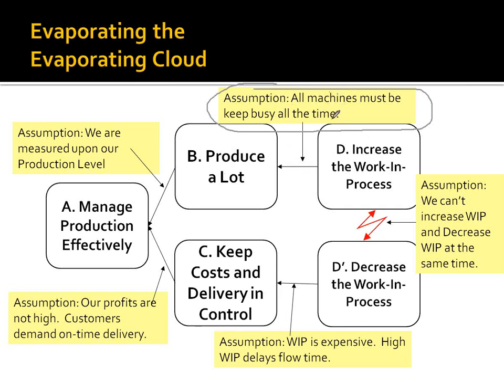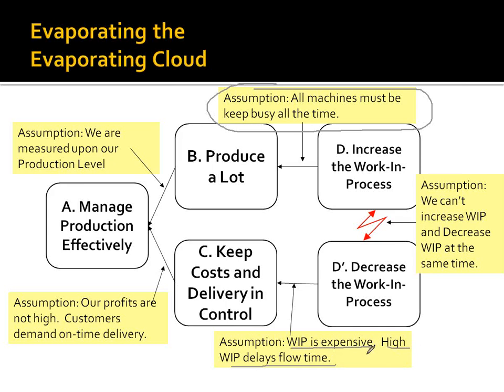This is a big assumption that a lot of shops have, that they have to keep all the machines busy all the time, and that's why they end up with so much work in process. By writing these out, one of these assumptions will bother you the most. It doesn't bother me that WIP is expensive, because I believe that it is expensive, that's true. And that high WIP delays flow time, that's also true.